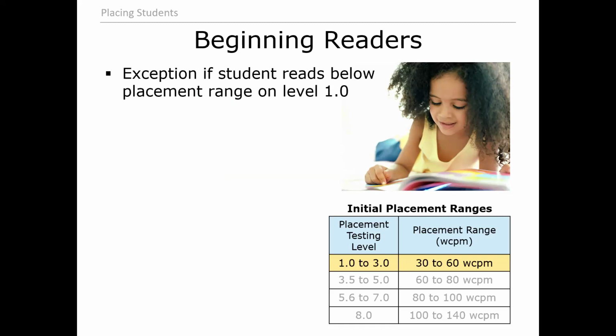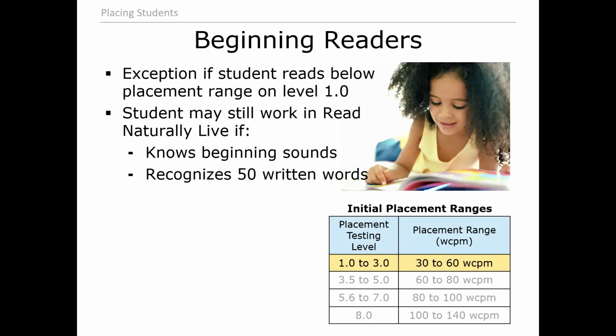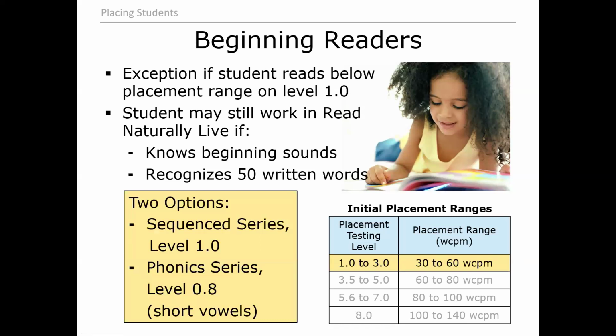So if you give a student level 1.0 and they are outside the range on the low end, so if you look down in the lower right-hand corner where you see the table and you see that level 1.0, let's say she read only 24 words, outside the range on the low end, she can still work in either 1.0 or 0.8 if she knows her beginning sounds and can read about 50 written words.